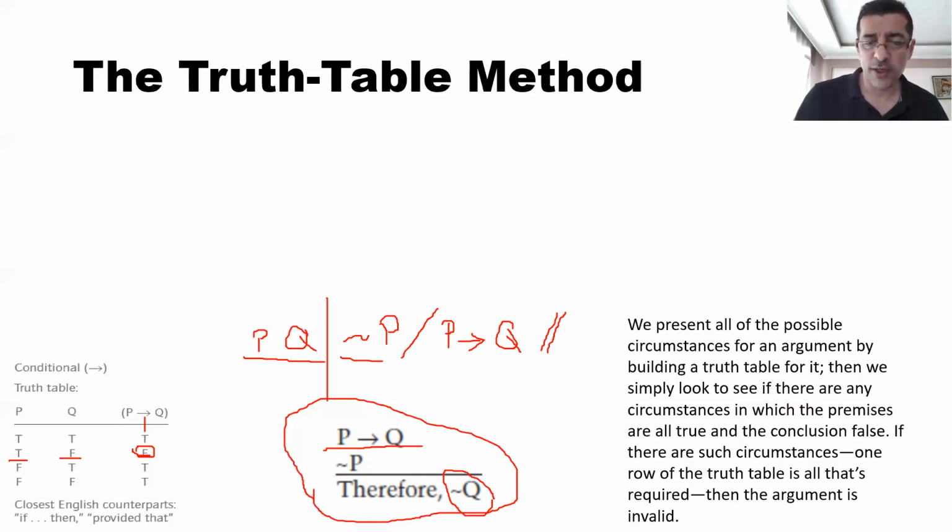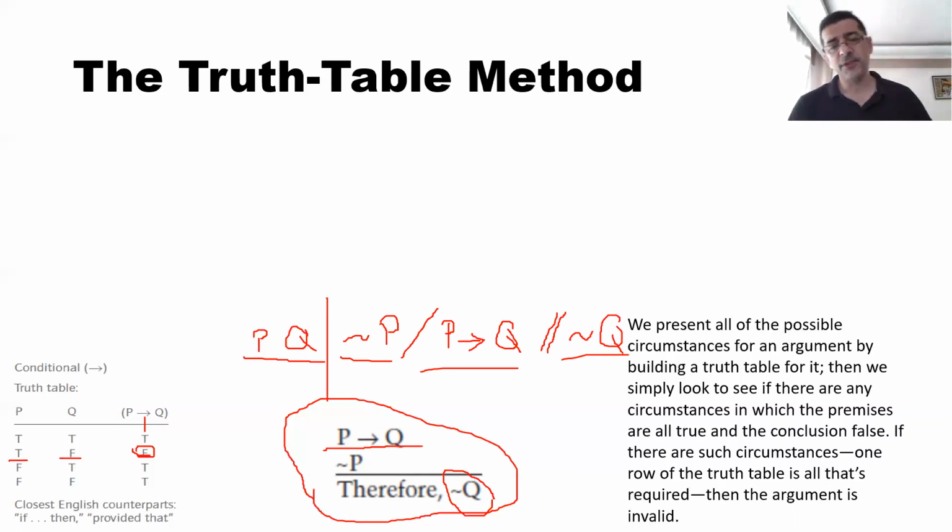Then we have one premise, we have another premise, and then we have my conclusion, which is not Q. Okay? Let me just draw one of the things here for you, and then we'll see the rest of them on the table that I showed. We said that because there are two propositions, definitely there are 4 rows.